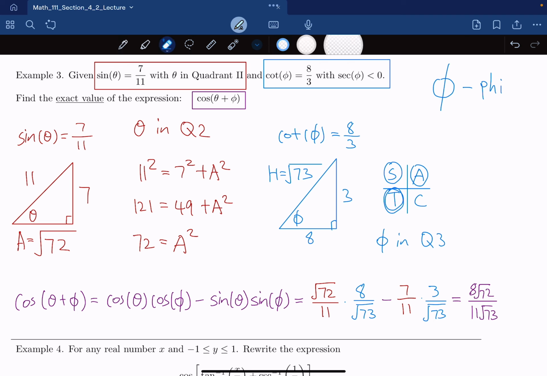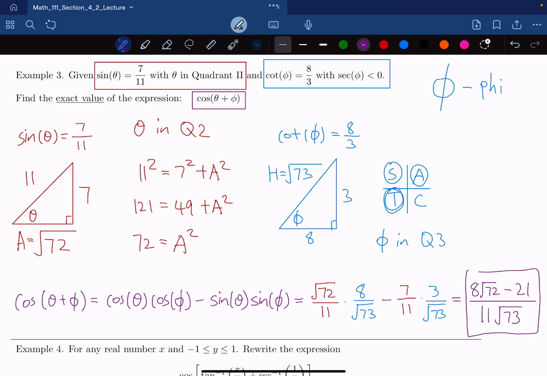I guess I can put that all together because I do have the same denominator. So 8 radical 72 minus 7 times 3 is 21, all over on the bottom 11 radical 73. Okay, that's my final answer.